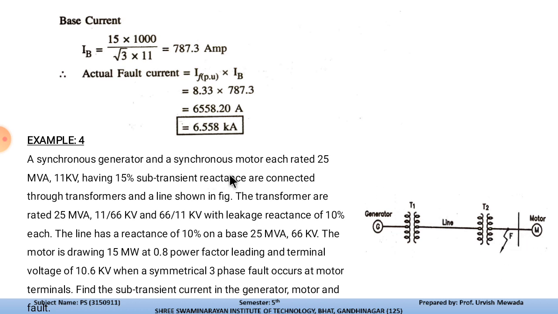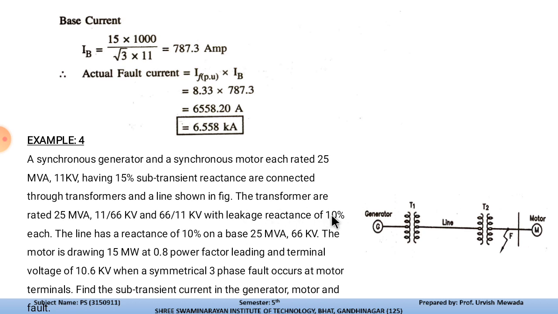A synchronous generator and a synchronous motor, each rated 25 MVA, 11 kV, having 15% sub-transient reactance, are connected through transformers and a line as shown in the figure. The generator is driving power to the motor.